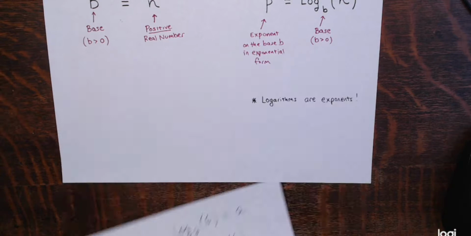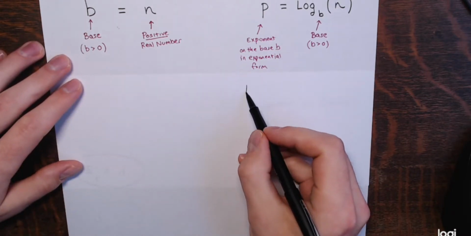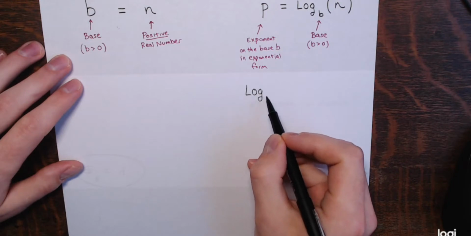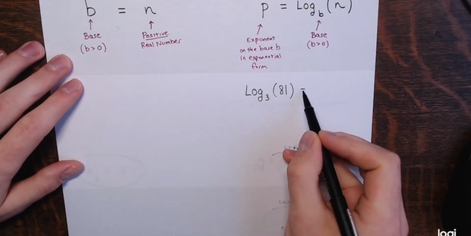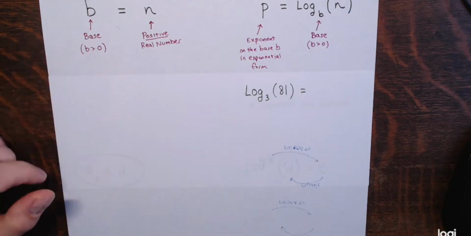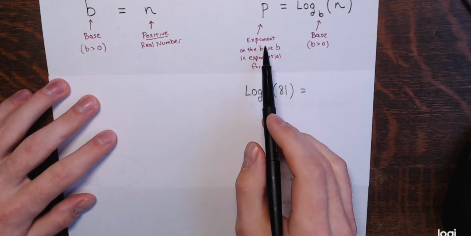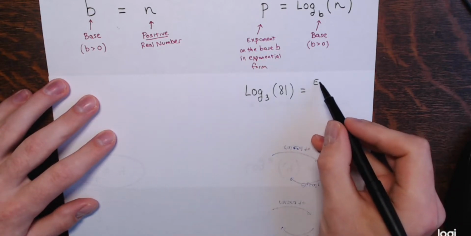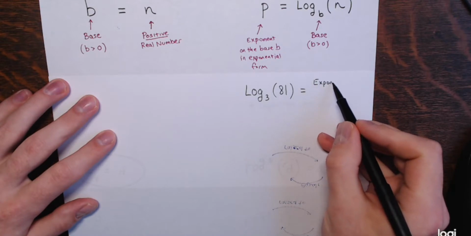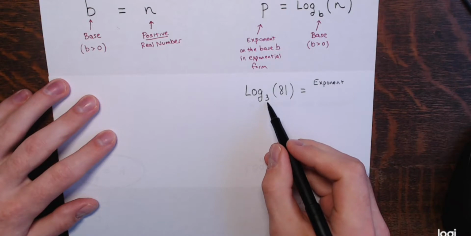All right, let's evaluate it. So the log base 3 of 81 equals something. Now remember what it equals. It equals a power. This is equal to an exponent that you would raise the base 3 to get 81.